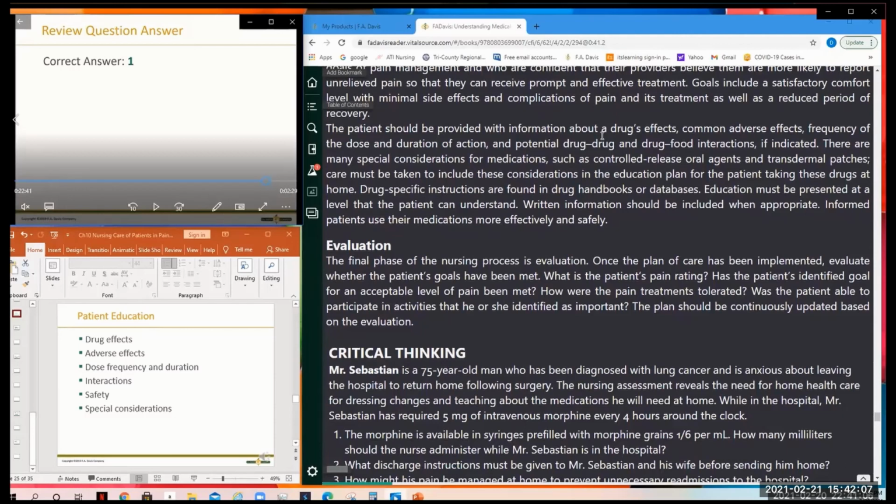Care must be taken to include these considerations in the education plan for the patient taking these drugs at home. Drug-specific instructions are found in drug handbooks or databases. Education must be presented at a level that the patient can understand. Written information should be included when appropriate. Informed patients use their medications more effectively and safely.